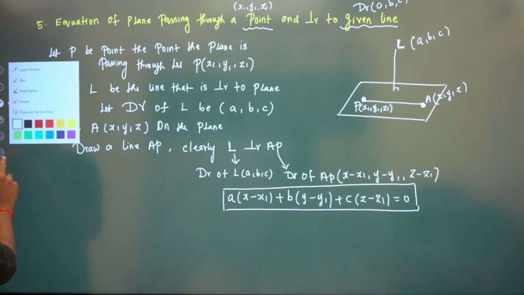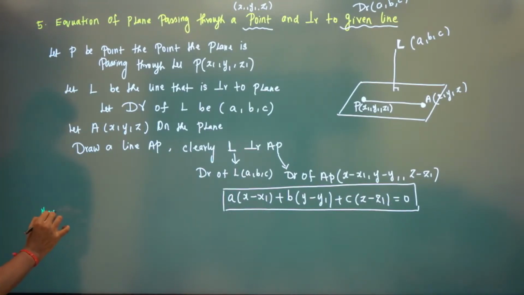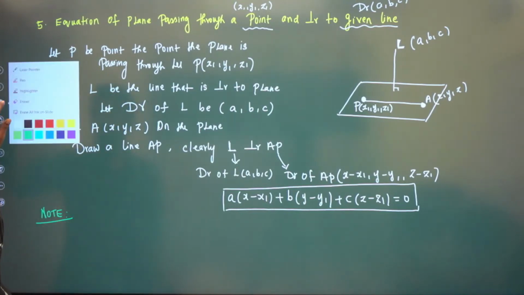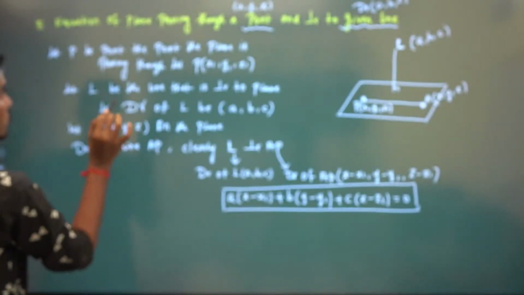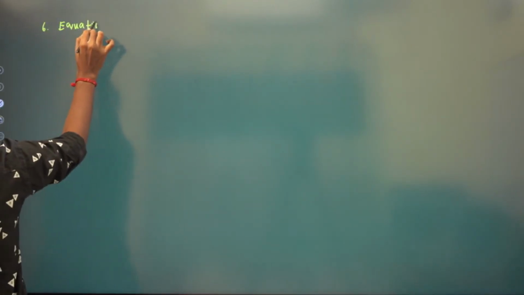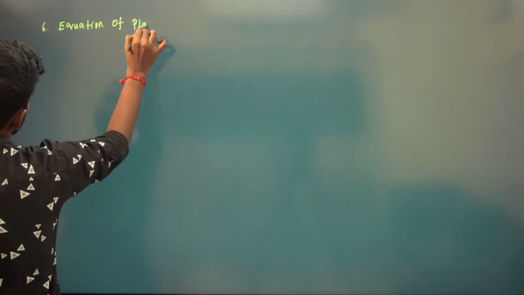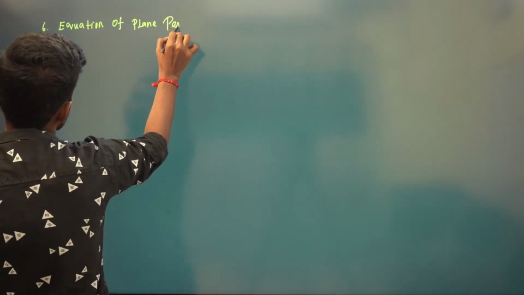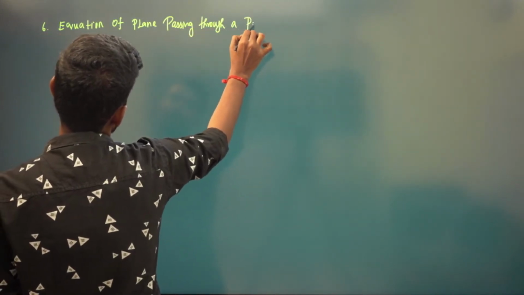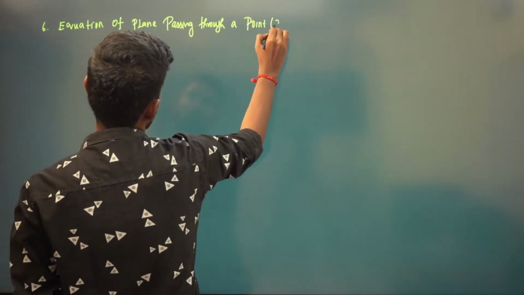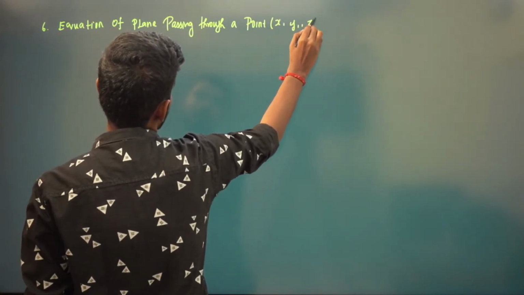Now, very important note, write it on the next page. Equation of plane passing through a point only. Let us say that point is x1 y1 z1.